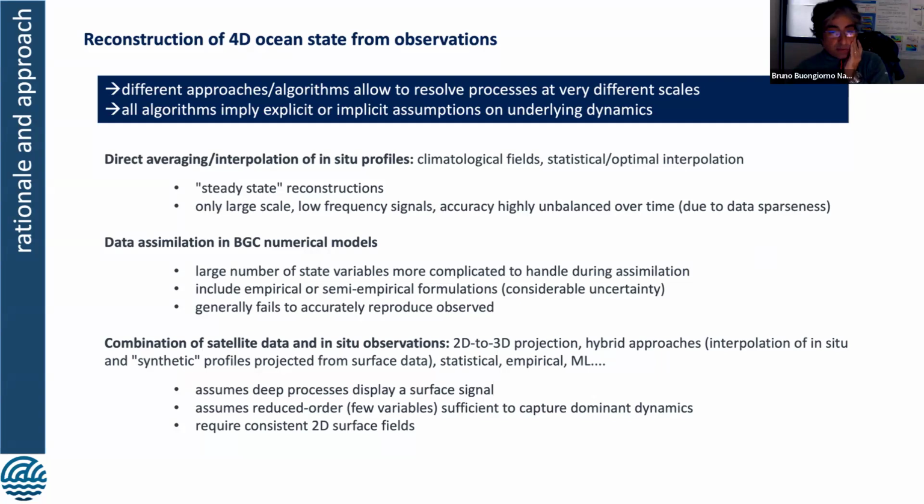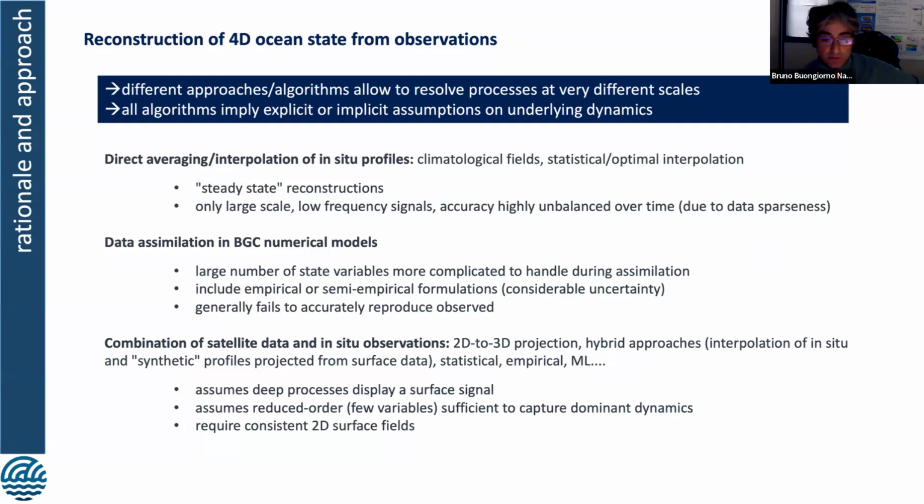But the approach I will be focusing on today is neither of the two above. It is related to the combination of different kinds of observations, mostly not looking only at in situ observations, but also at the observations we can get from satellites, so remote sensing satellite data. And again, there are a lot of different specific algorithms that can be developed.